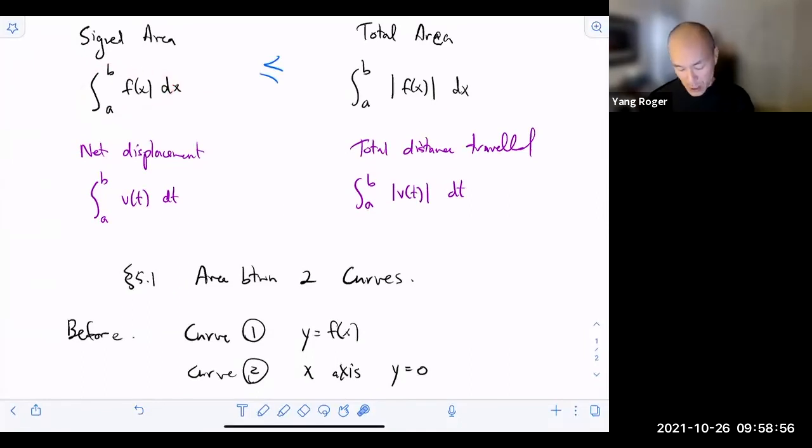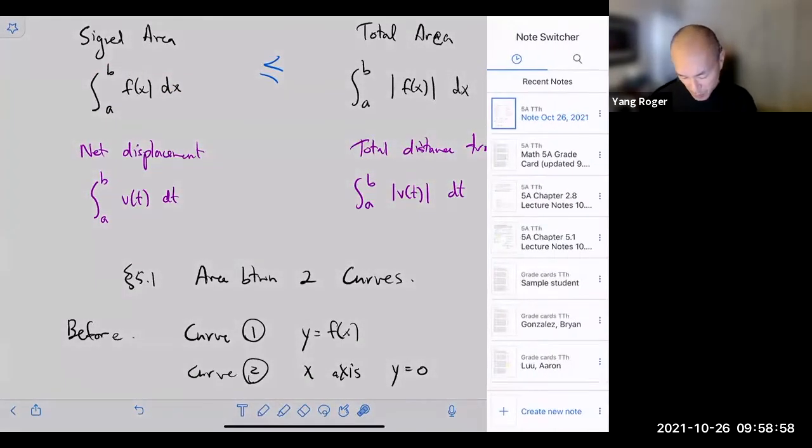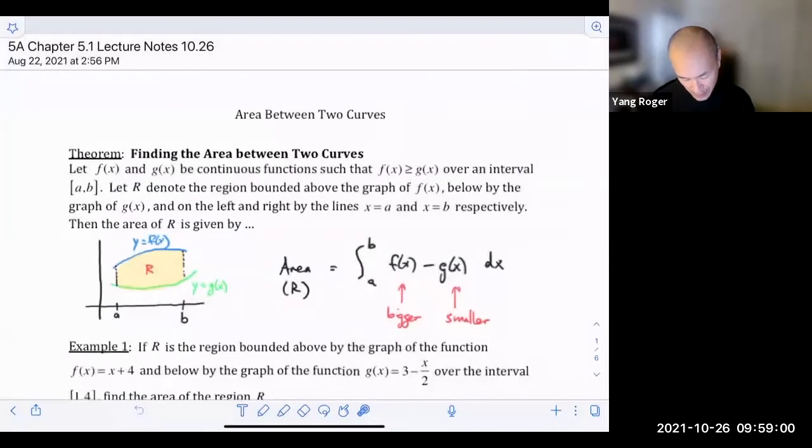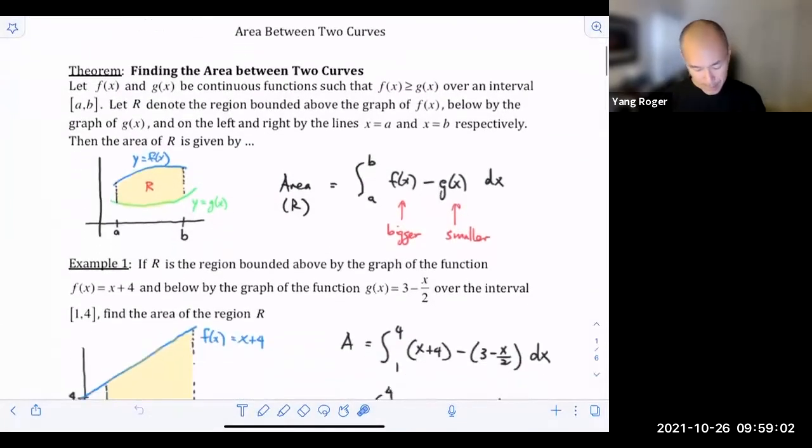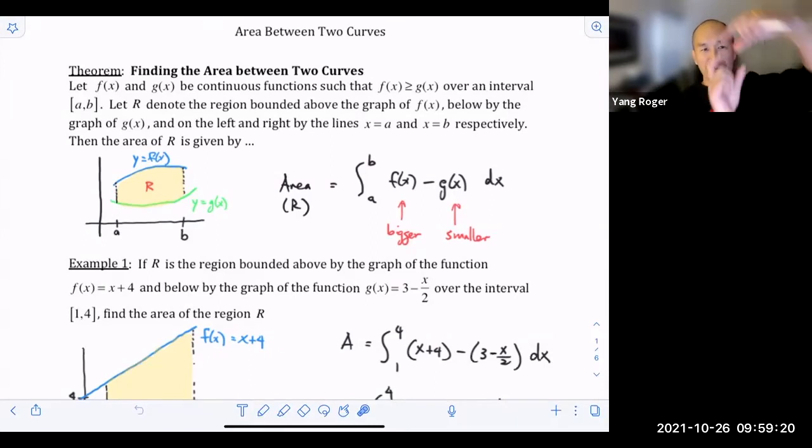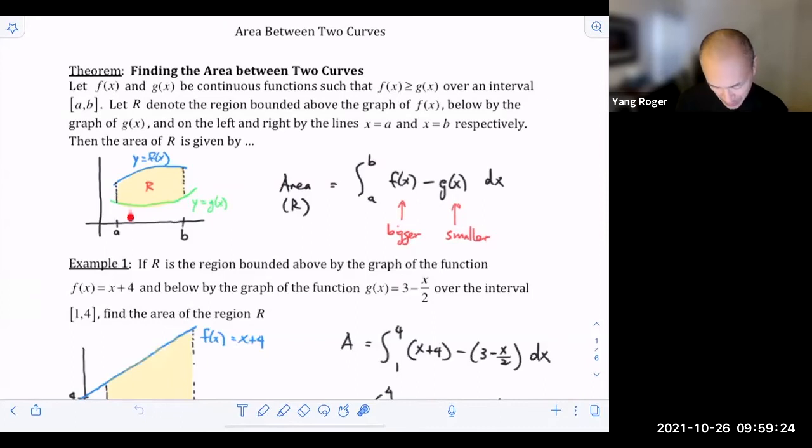Okay. So why don't we take a look at our 5.1 worksheet? You'll see I didn't refer to it as top and bottom. I referred to it as bigger and smaller. There's a reason why I said bigger and smaller, but for now we can think of it as top and bottom. And what's really happening is, when we found the area before, we first found the area of rectangles, and the height of the rectangle was determined by the height of the function, right?